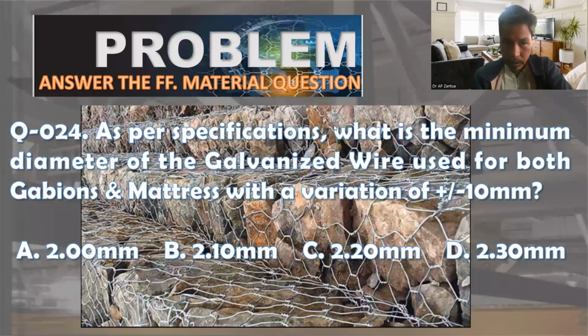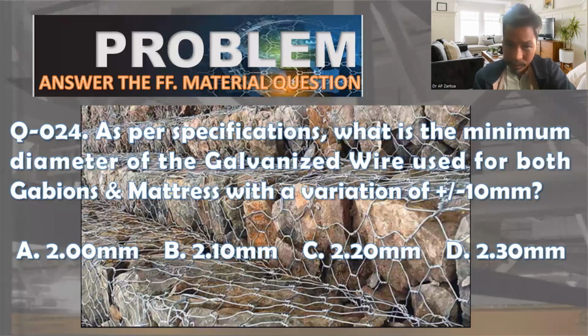So question number 24, as per specification, what is the minimum diameter of galvanized wire used for both gabions and mattress with a variation of plus minus 10 mm? As you can see, the background picture is the gabions and mattress application, wherein we have what?